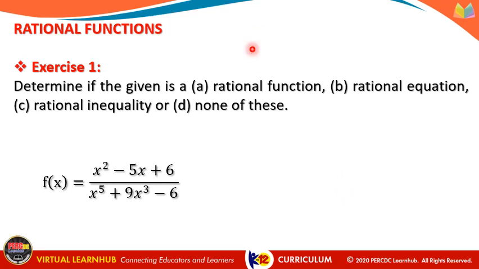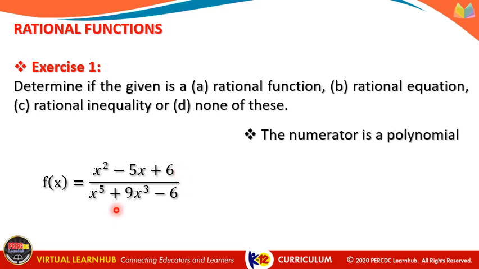Alright, so let's start with this one. F of x is equal to x squared minus 5x plus 6 divided by x raised to 5 plus 9x cubed minus 6. Now, as you can see, iisang expression lang ang binigay. So, therefore, hindi ito pwedeng maging rational equation or rational inequality. Now, as you can see, yung numerator natin, yung x squared minus 5x plus 6, the numerator is a polynomial.